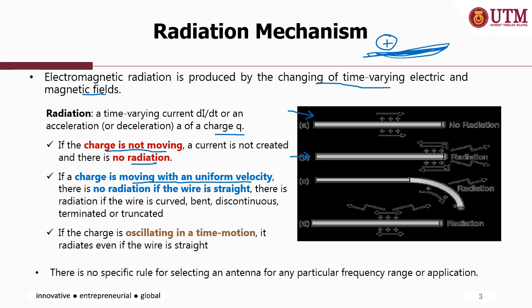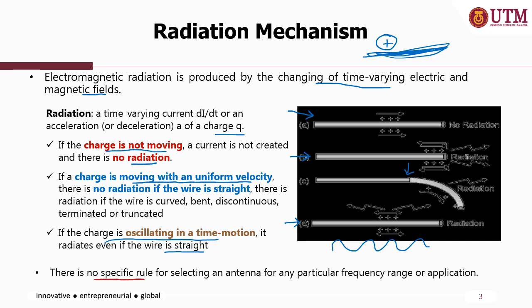However, if the same wire is bent or truncated and the charge is moving with uniform velocity, there's radiation. And lastly, if there's charge oscillating in time motion, radiation exists although the wire is straight.